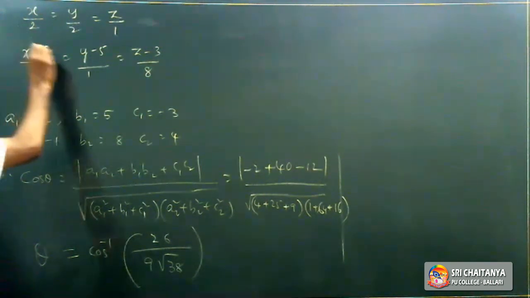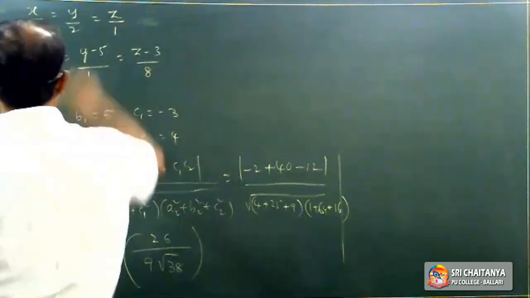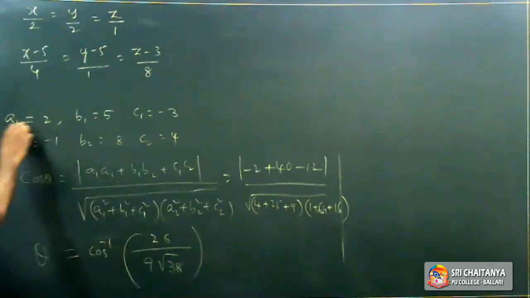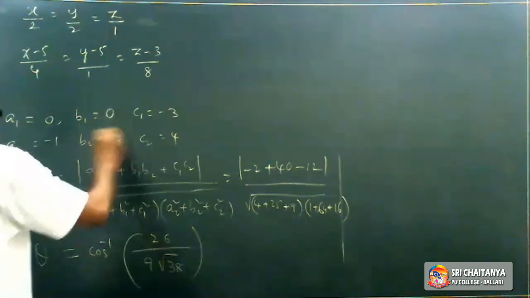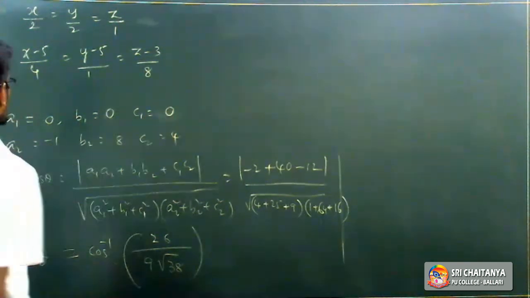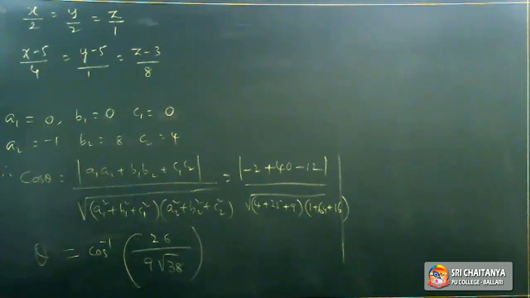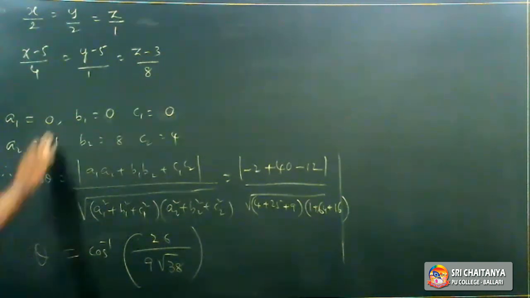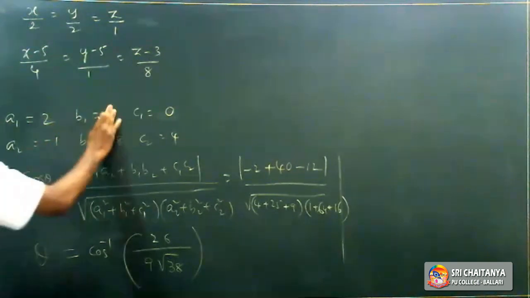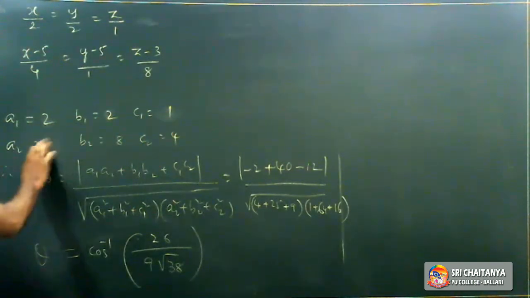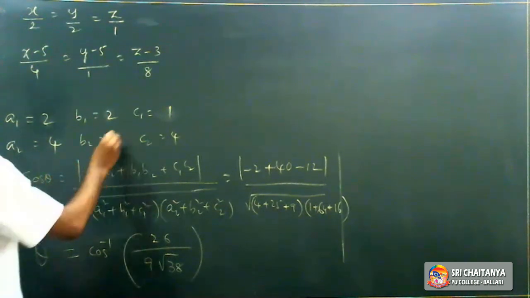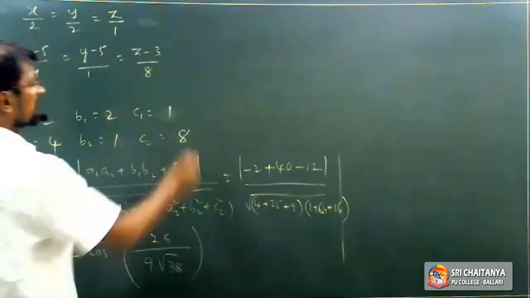Yes. So if you compare this with that one, sorry, a1 is equal to 2, b1 is 2, c1 is 1, a2 is equal to 4, b2 is equal to 1, c2 is equal to 8.